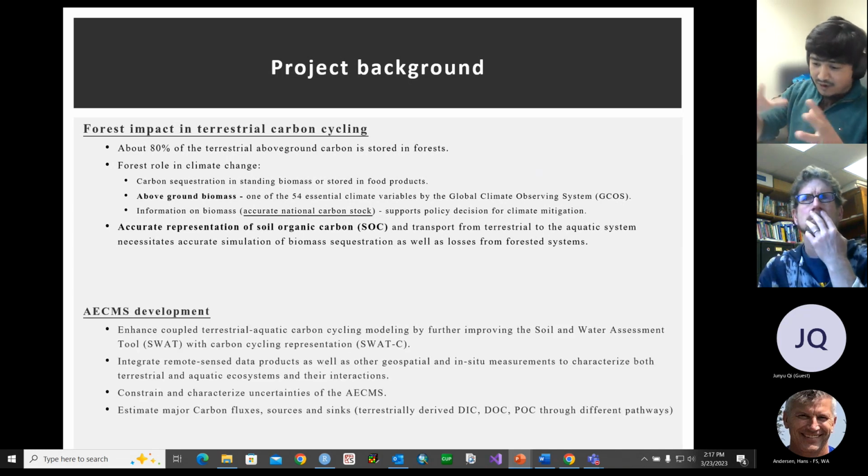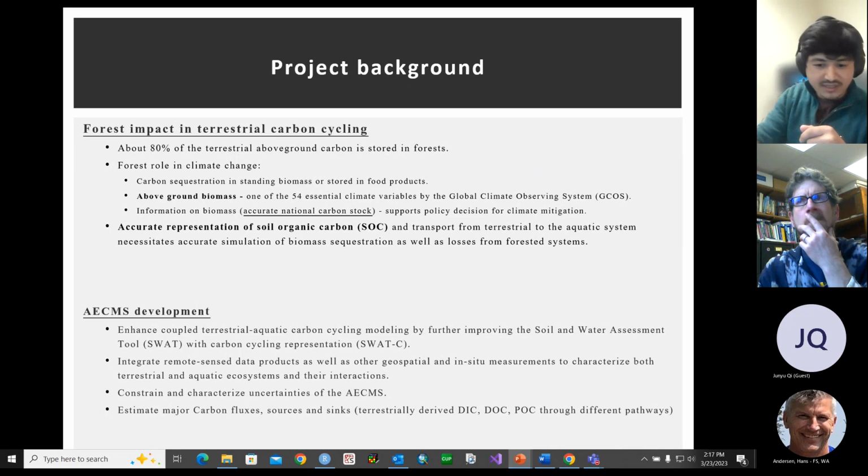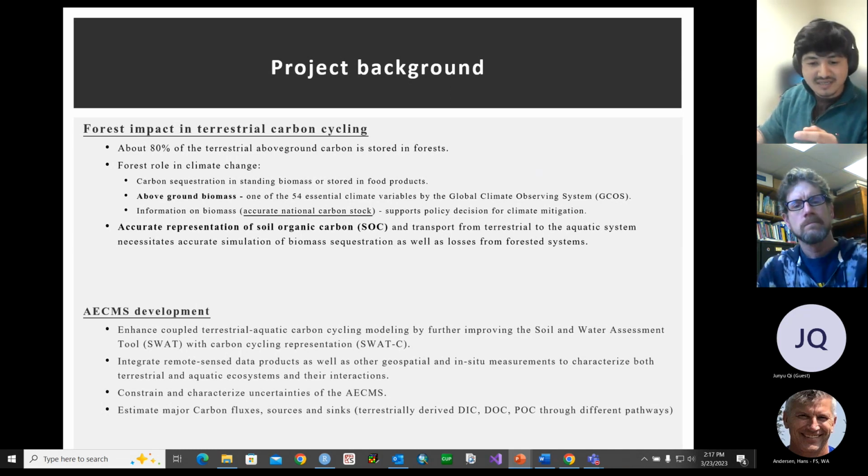Now for our ACMS project, the method we wanted to use to develop this system was a process-based model. We're using SWAT, the Soil and Water Assessment Tool, and we would rigorously constrain this model through remote sensing data sets as well as in situ data sets, so that the terrestrial component as well as the aquatic component of the different carbon storages and fluxes are adequately simulated, and so that we can quantify these values properly.